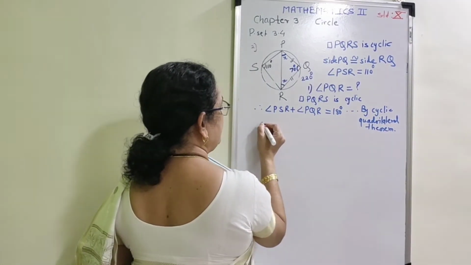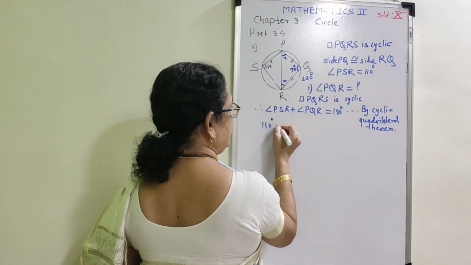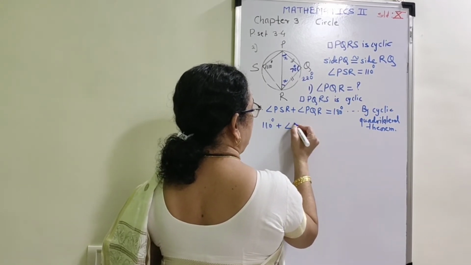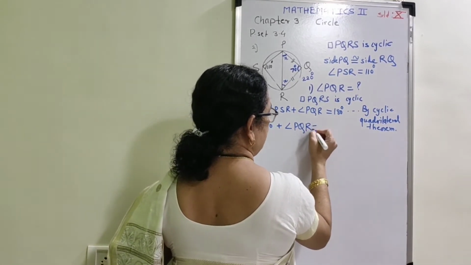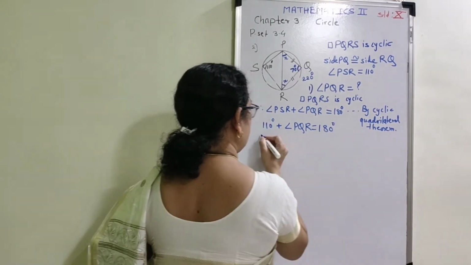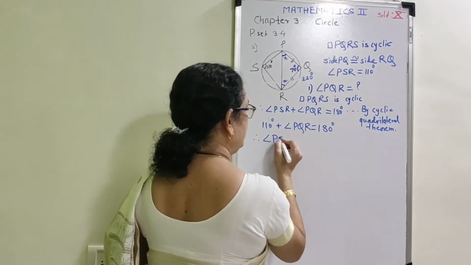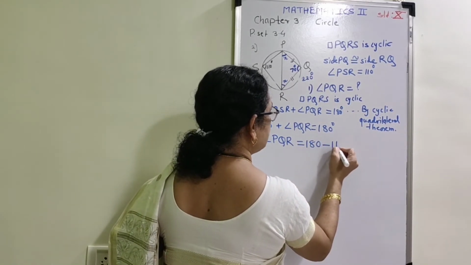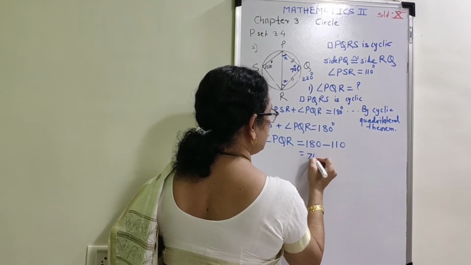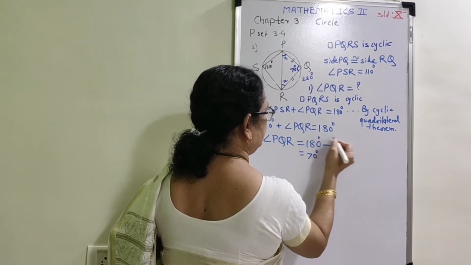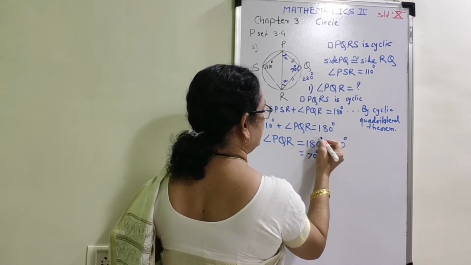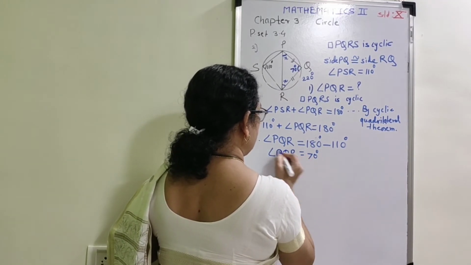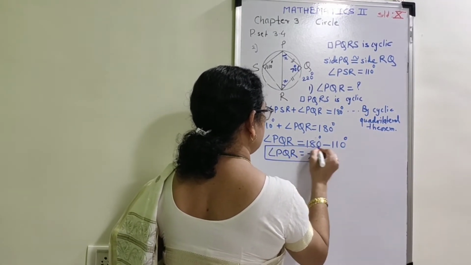Now PSR is given 110, substitute that value. 110 plus angle PQR is equal to 180 degree. Therefore, angle PQR is equal to 180 minus 110, which is equal to 70 degree. Angle PQR is equal to 70 degree.